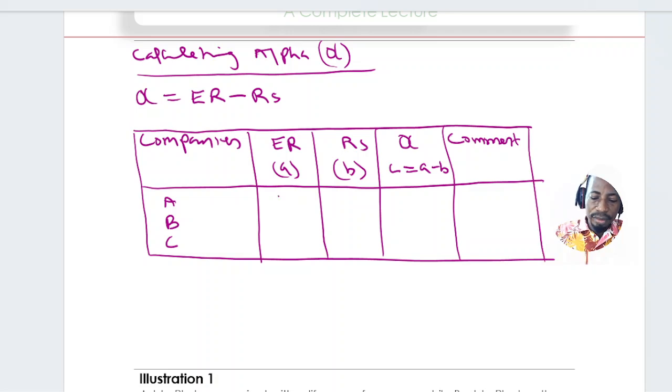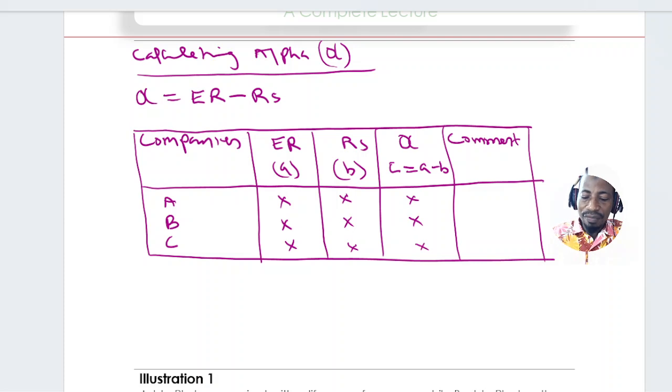All right. So the expected return, like I said, will be given, but the required return, you need to go ahead and compute using the capital asset pricing model. You calculate CAPM, whatever you have, come and put it there. The difference between the expected return and the required return will give you the alpha value.